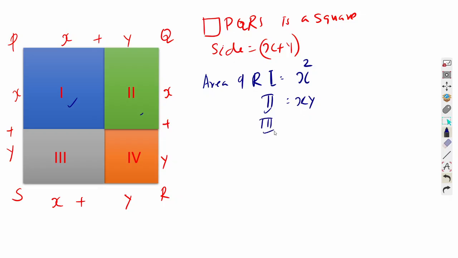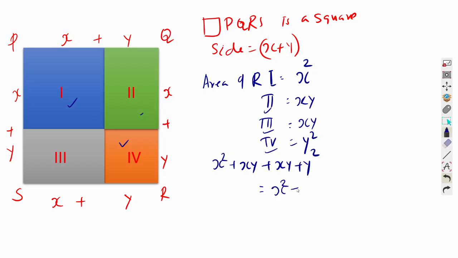Rectangle 3, which is again xy. The fourth one, this one, having an area y square. So we got the area of all these, and if you write it, you will write it x square plus xy plus xy plus y square as the area of the given square PQRS. If you rearrange it, it can be written as x square plus 2xy plus y square.